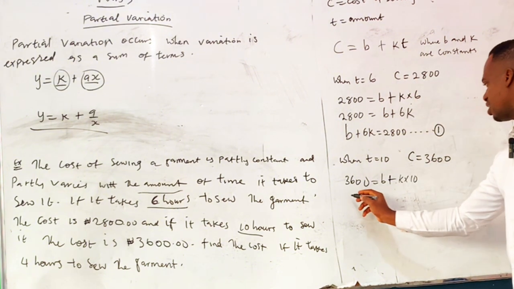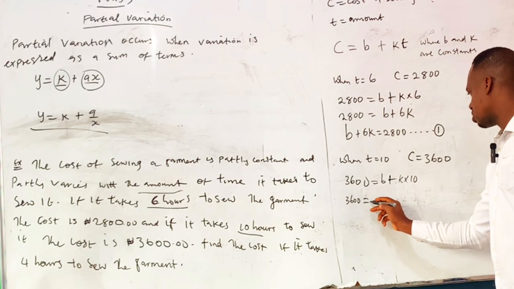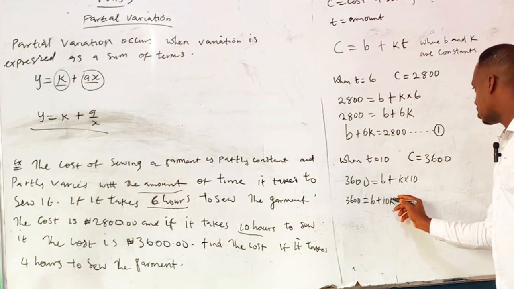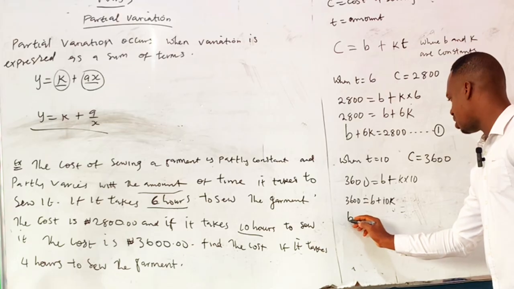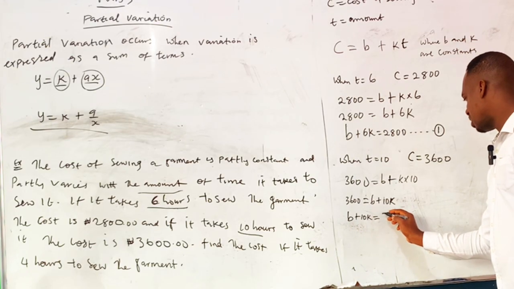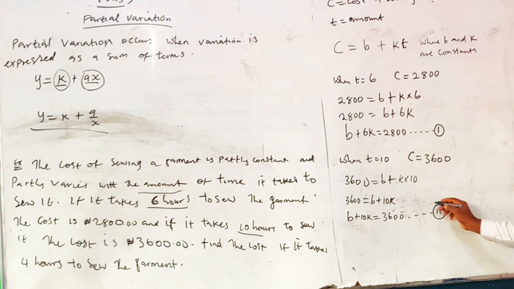So we're having 3,600 is equal to B plus 10K. Okay, so if we rearrange it, we have B plus 10K is equal to 3,600. So let's call this equation 2.